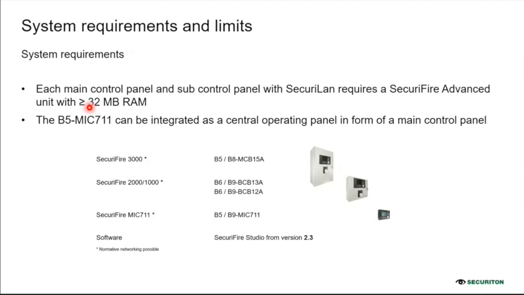For whoever knows them already, the old hardware B5 and B8 for the 3000, the B6 and B9 for the 2000 or the 1000, and for the MIC, the B5 and B9 versions are suitable to be connected on the SecuriWan.